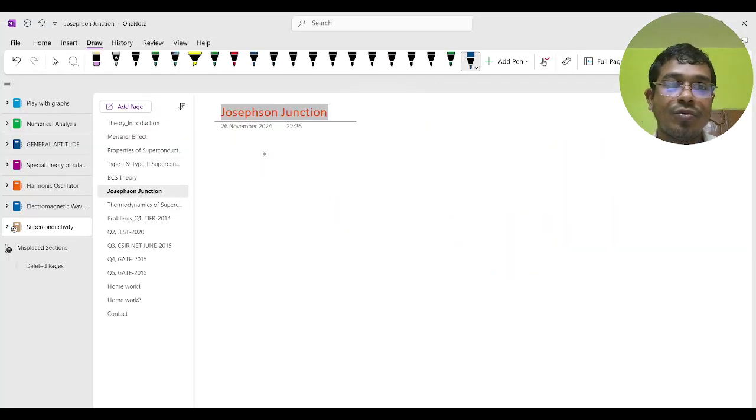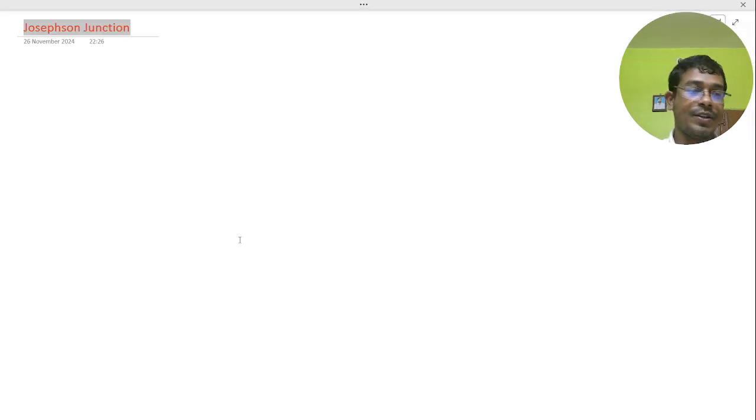Now go through our next topic, the Josephson junction. Basically the Josephson effect and tunneling, and we have the equation like that.